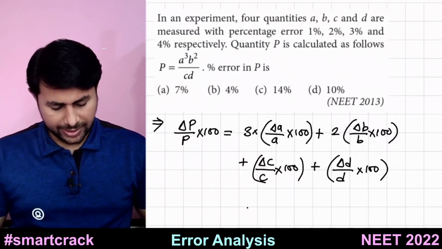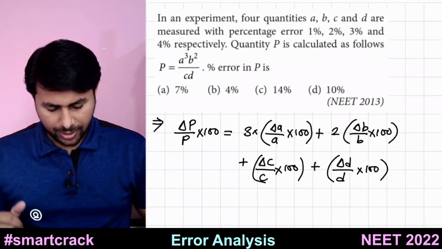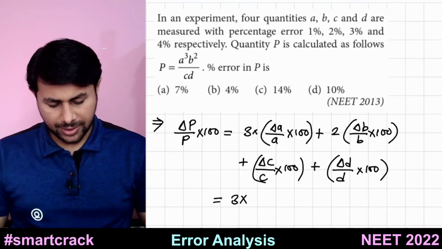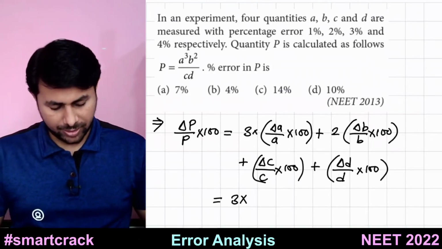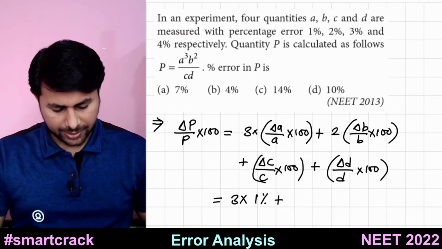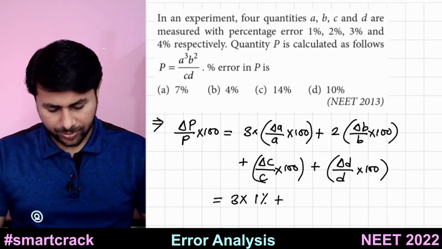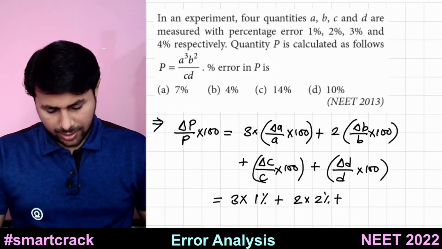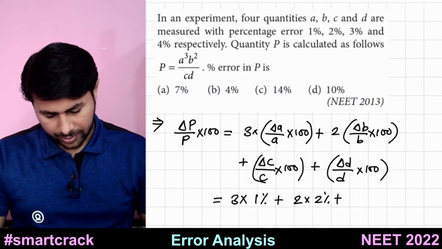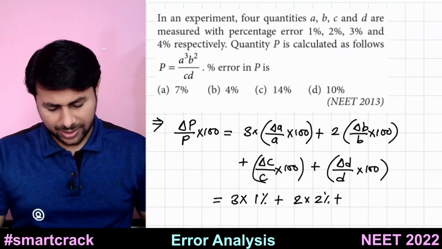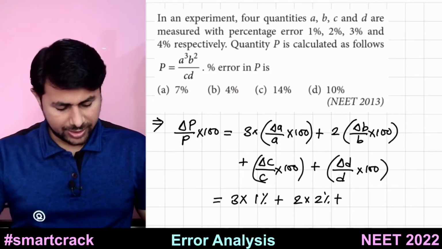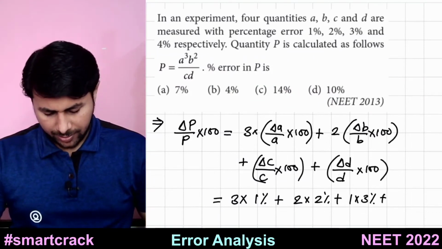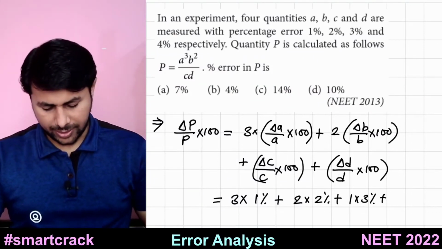Okay, so now it's very simple. We just have to substitute the values. So it is 3 times of delta A upon A into 100. It's 1%. Okay, so 3 times of 1% plus 2 times of how much? 2%. So 2 times of 2% plus, sorry, not 3 times, 1 times only of the percentage error in C, which is 1 into 3%, plus the percentage error in D, okay, which is how much?